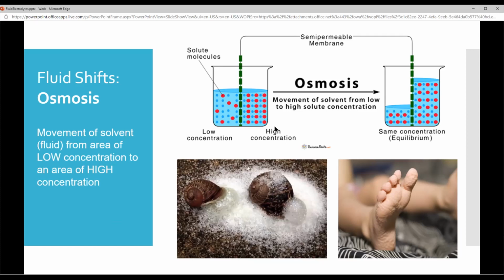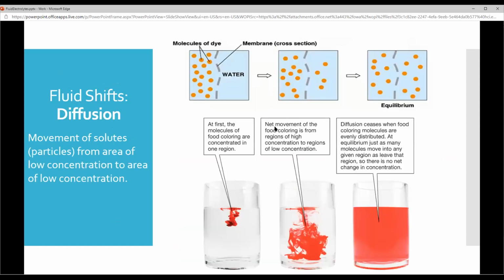Oh, okay, now I know about leeches too. Sprinkle salt on them. Why? Because it's going to suck them dry. The water is going to leave their body via osmosis to try to get to that higher concentrated area where the salt is. So everybody understands osmosis, right?